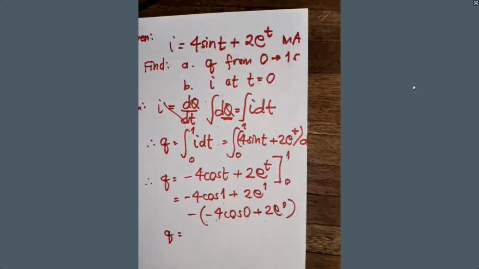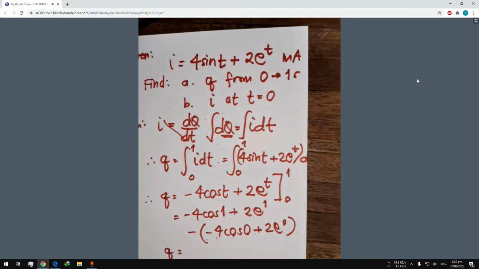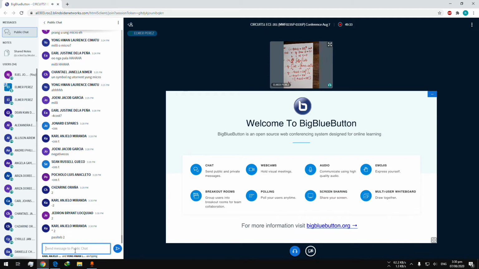Pa-calculate please. So the answer is, what's your answer?